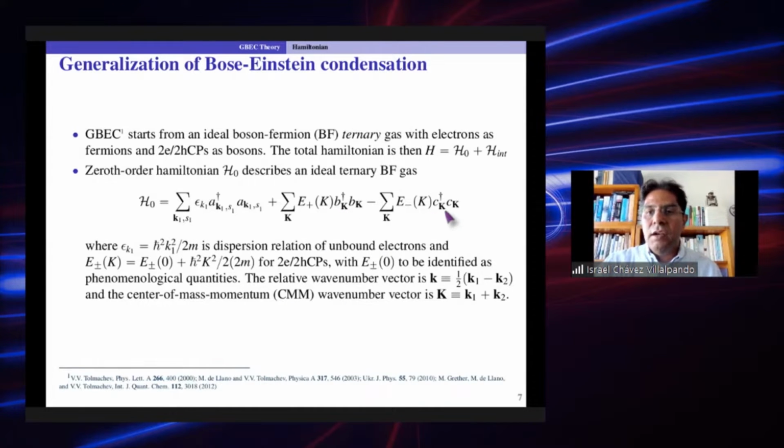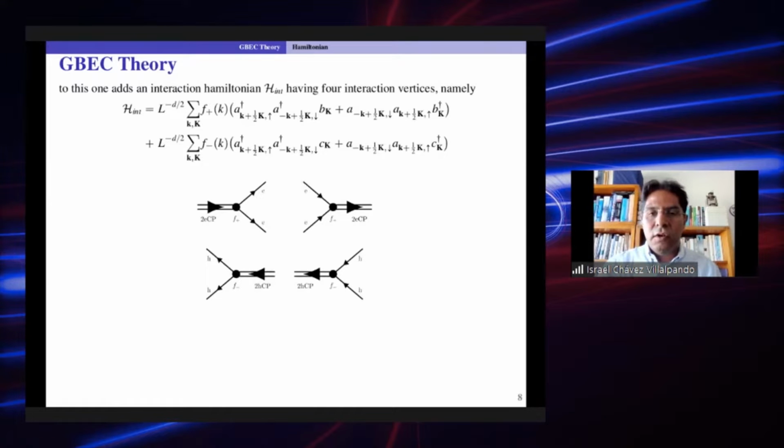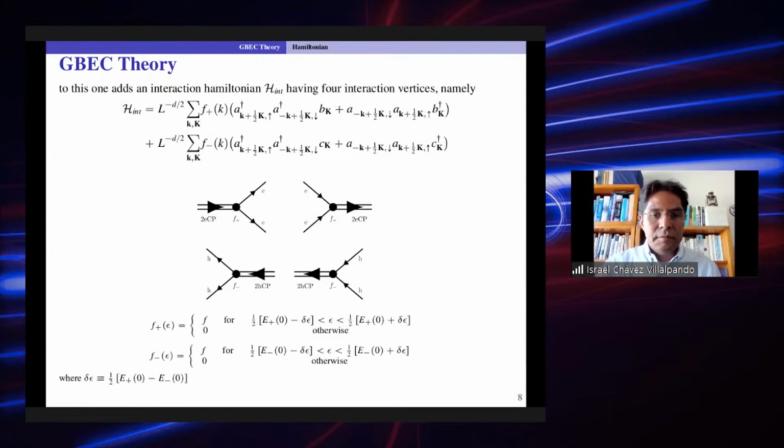This is a generalization of Bose-Einstein condensation and starts from an ideal boson-fermion binary gas with electrons as fermions and 2 holes and 2 electrons as bosons. This is the Hamiltonian. Here are the unbound electrons, and these are the operators for 2 electron Cooper pairs, and these for 2 hole Cooper pairs.